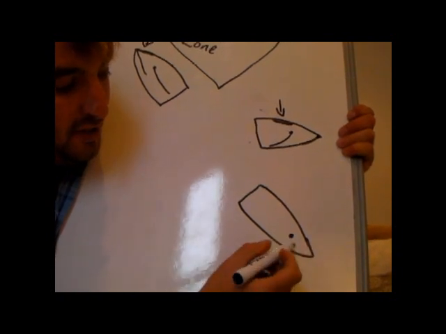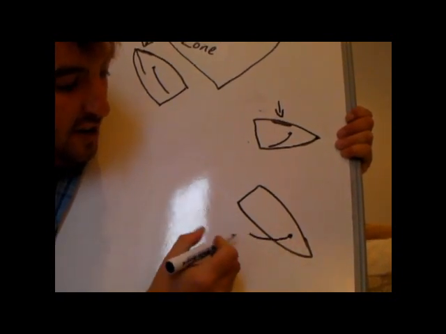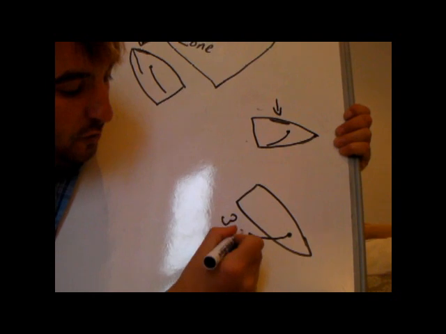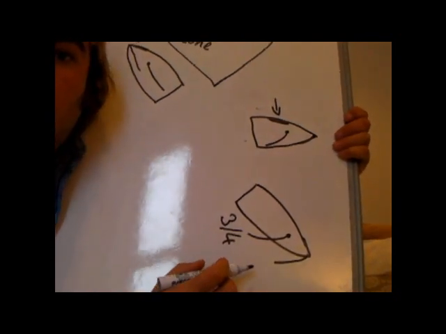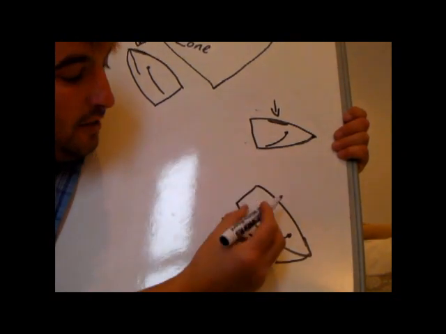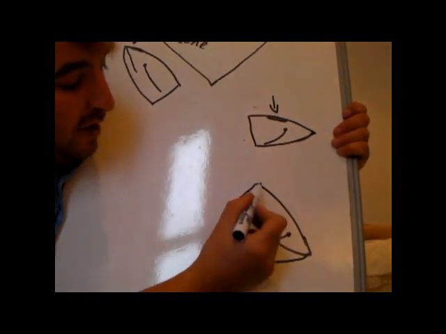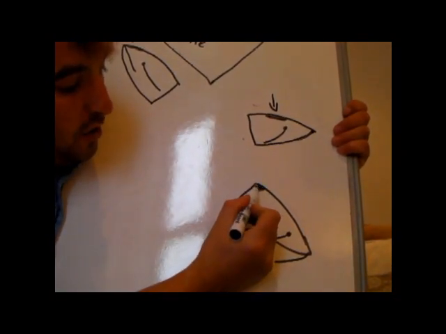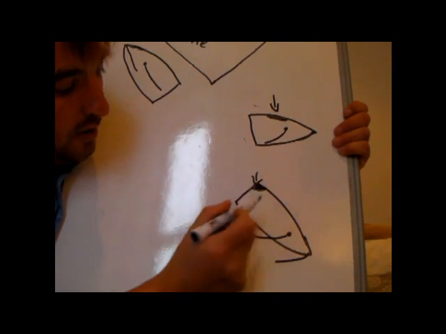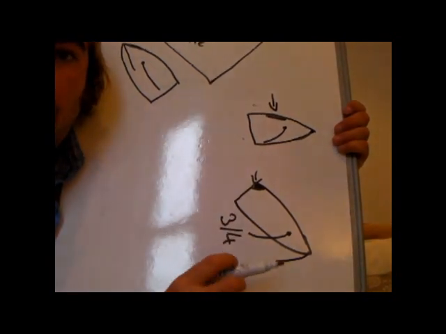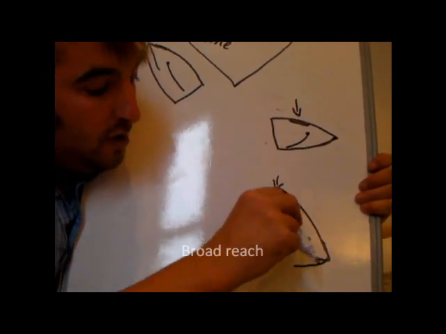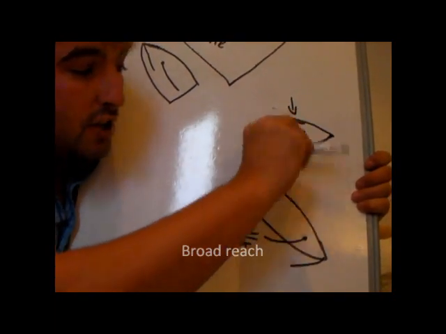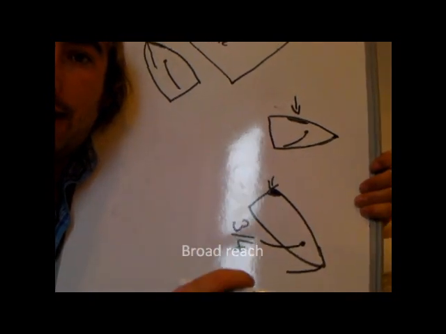This time the mast is there, sails roughly three quarters of the way out, and we're sailing slightly away from the wind, with the wind hitting the back corner of the boat. So we'll be sailing down on a broad reach. And quite often on yachts, somewhere between a broad reach and a beam reach can be our fastest point of sail.